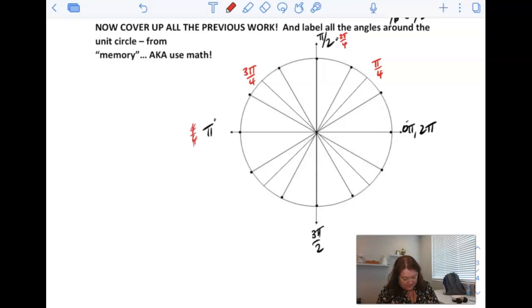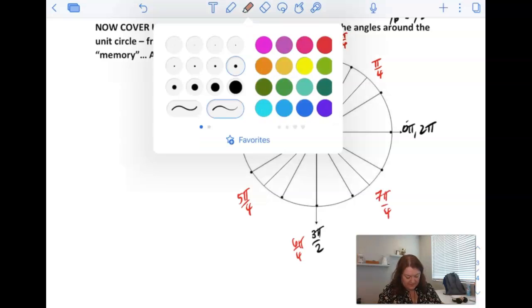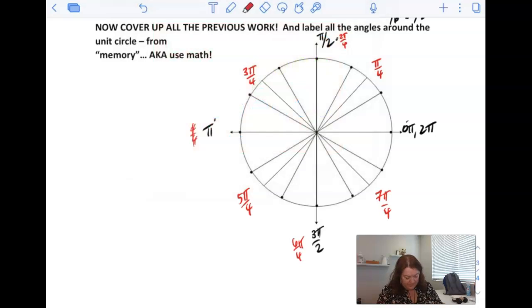And then this one would be 5 over 4, 6 over 4, which reduces, 7 over 4. Okay, so let me switch those. We'll highlight those a little bit. So our 4s are right here, here, and here.